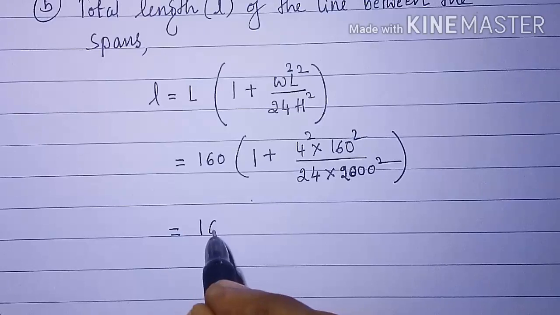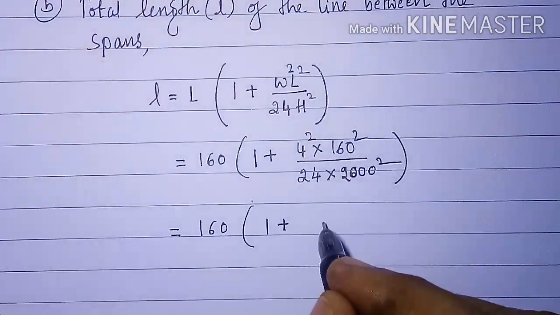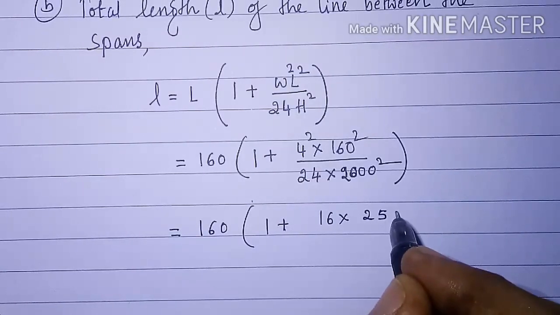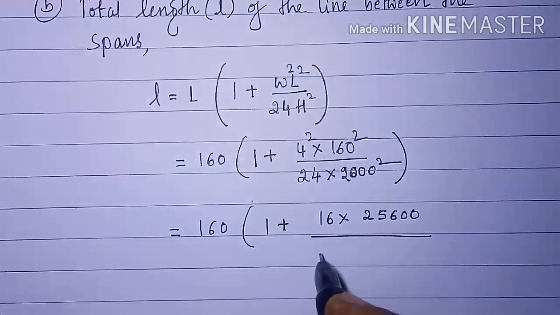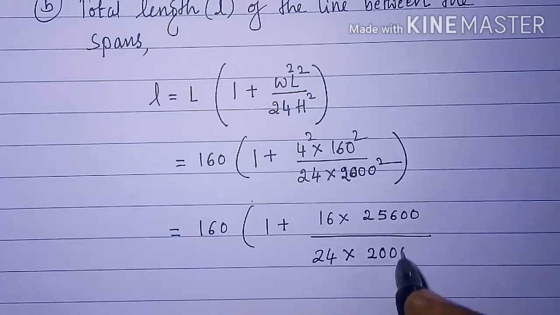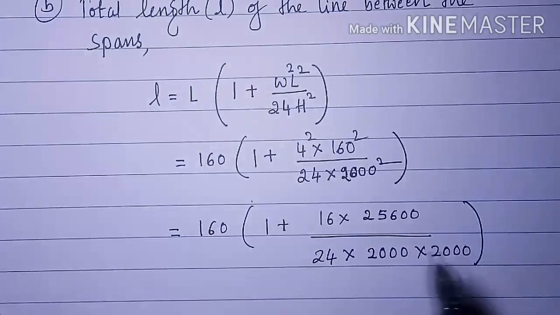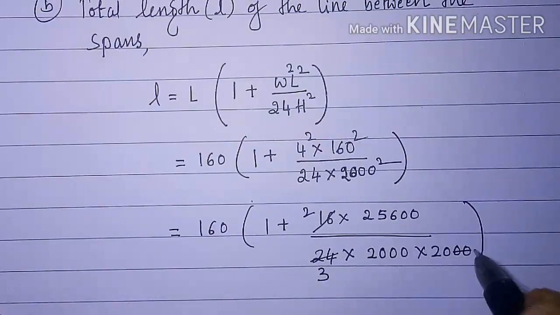That is equal to 160 into the bracket 1 plus 16 into 25600 by 24 into 2000 into 2000. Two zeros and two zeros will cancel.